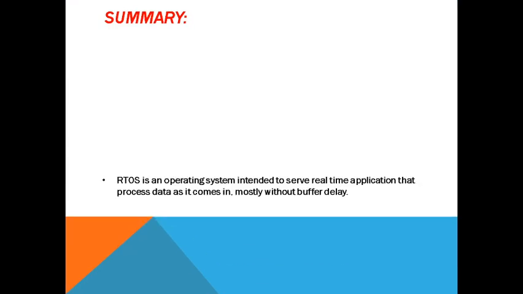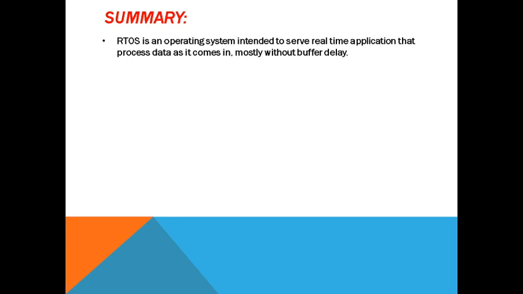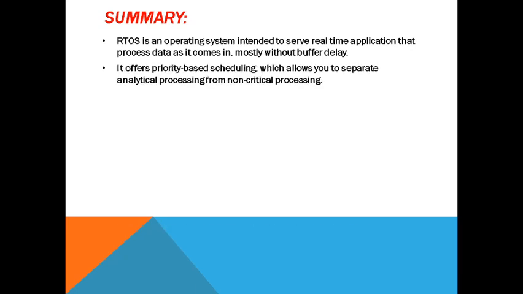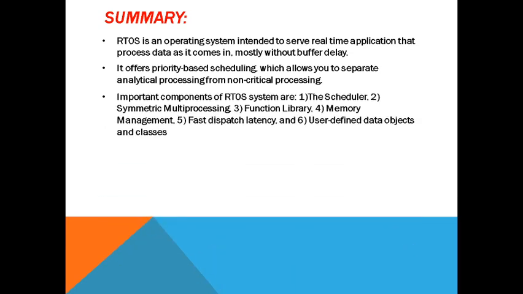Now we will see the summary portion. First, the RTOS definition. RTOS is an OS intended to serve real-time applications that process data as it comes in, mostly without buffer delay. Second, it offers priority-based scheduling, which allows you to separate analytical processing from non-critical processing.